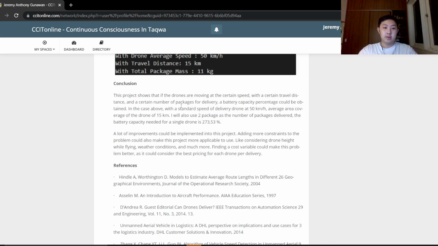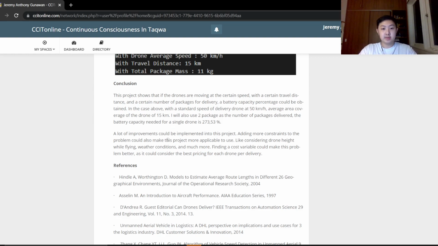So in this case, by delivering the drone at 50 kilometers per hour and covering the area at a 15 kilometer radius, and also delivering 2 packages, it needs 273.53% of the battery capacity.